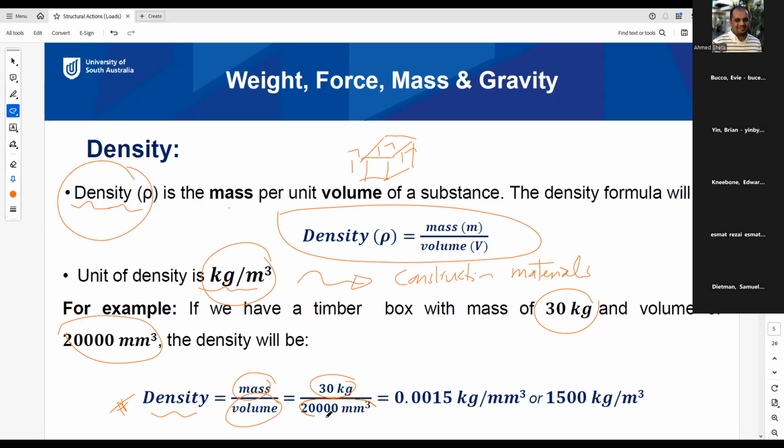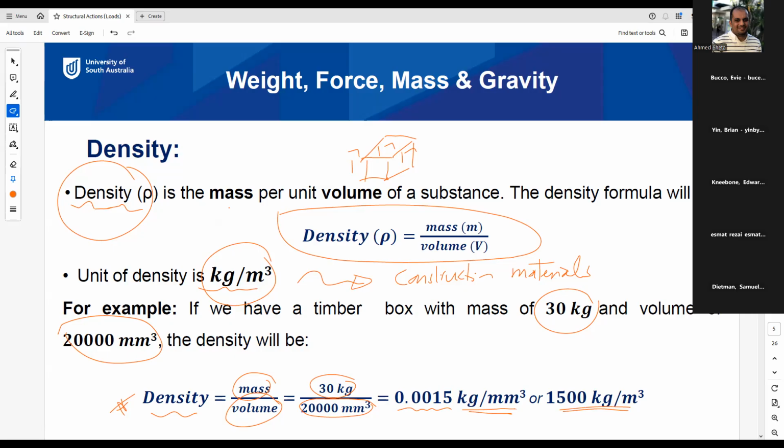The volume is 20,000 cubic millimeter. So when we divide the two values, we have 0.0015 kilogram per cubic millimeter. And if we want to convert it to kilogram per cubic meter, it becomes 1500 kilogram per cubic meter.